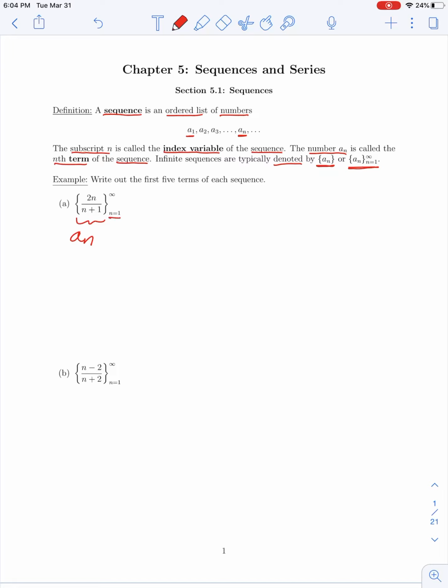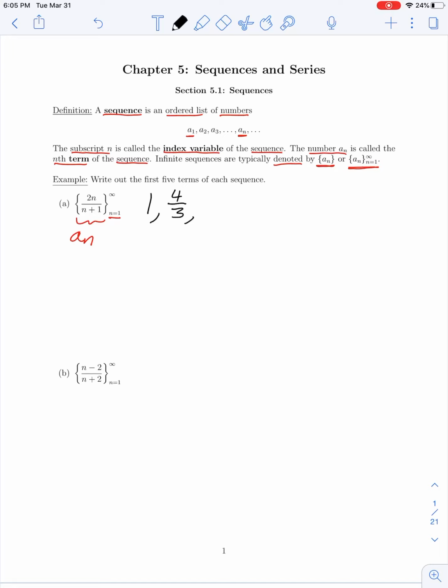So this expression that we have in curly braces is the expression for the nth term. And in this example, the first term of our sequence will correspond to n equals 1. So to get the first term of our sequence, we will plug in 1 for n, and let's see what we have. We have 2 divided by 2, or 1, for the first term of our sequence.